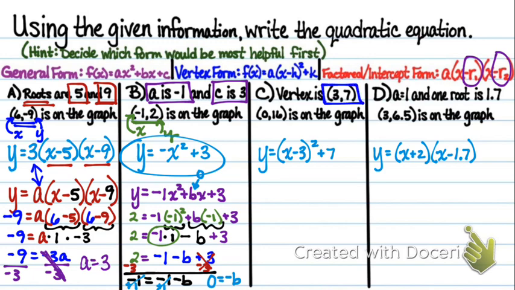Same kind of plan here. I know my h and my k, 3 and 7. We subtract h. Technically speaking, I still have that a term in the front, right? We're going to put 0 in the place of the x.